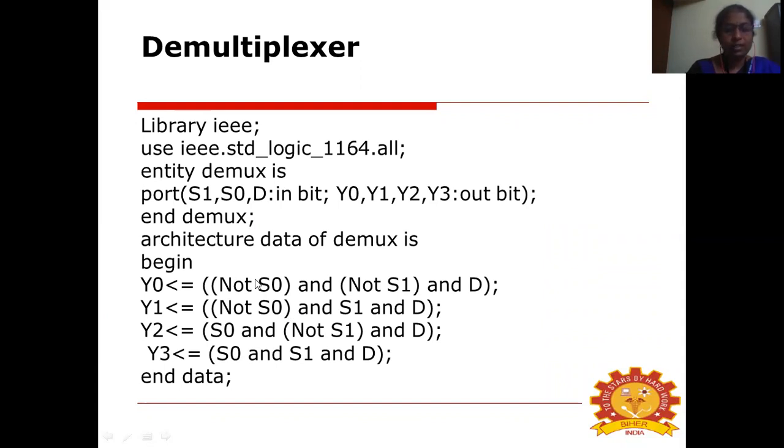When S0 is 0 and S1 is 0, D is assigned to Y0. When S0 is 0 and S1 is 1, D is assigned to Y1. When S0 is 1 and S1 is 0, D is assigned to Y2. When both are 1, D is assigned to Y3.